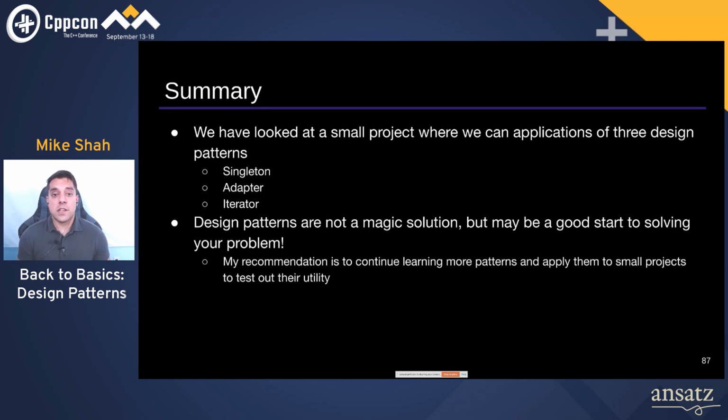The design patterns, though, aren't always a magic solution. You've seen some of my patterns here and how I've applied them, and I've taken some liberties to implement them as they make sense in each of these problems that I'm trying to solve. But again, they're a really good starting point to solving your problem and having a name for the problem you're trying to solve so you can research further.